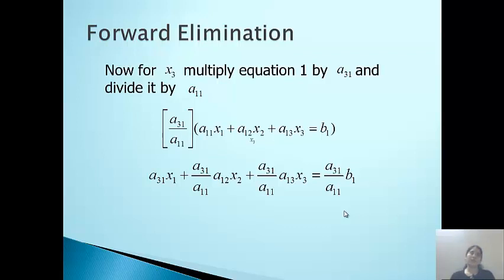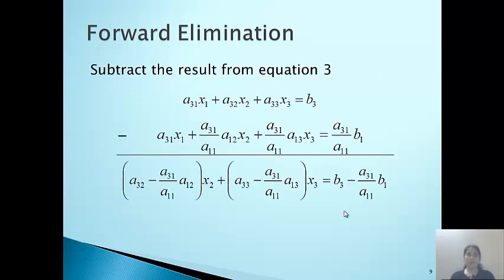So multiplying by a31 and dividing by a11 to equation 1, we will get a31 x1 plus a31 upon a11 a12 into x2 plus a31 upon a11 into a13 into x3 equal to a31 upon a11 into b1. Now subtract the result from equation 3. Equation 3 can be given by a31 x1 plus a32 x2 plus a33 x3 equal to b3.